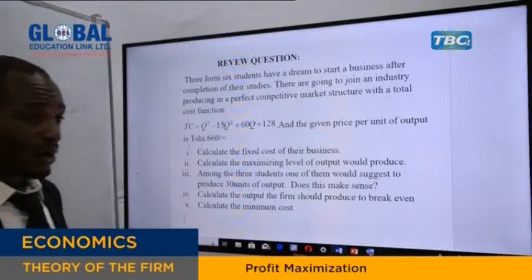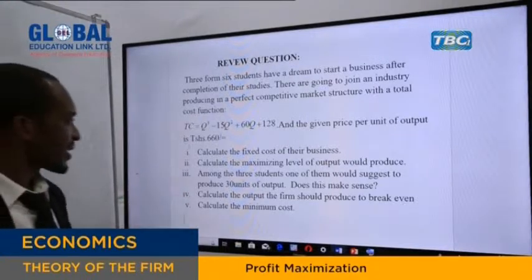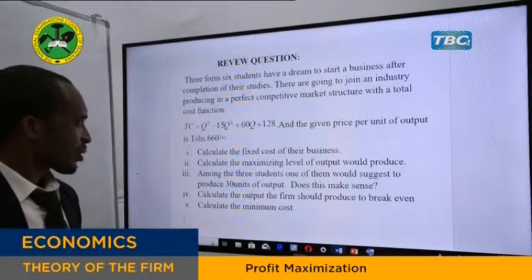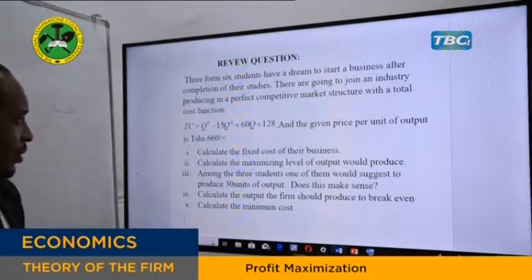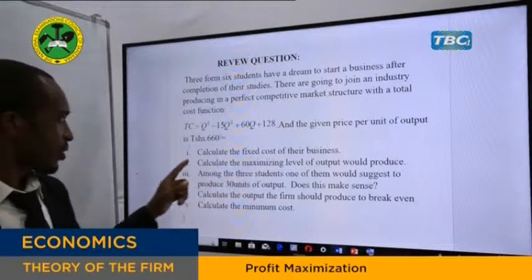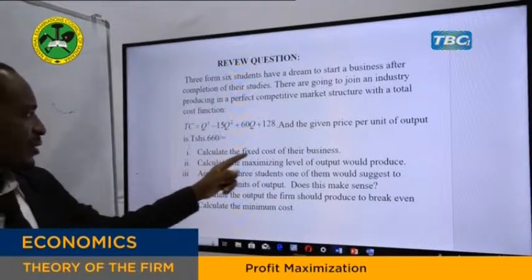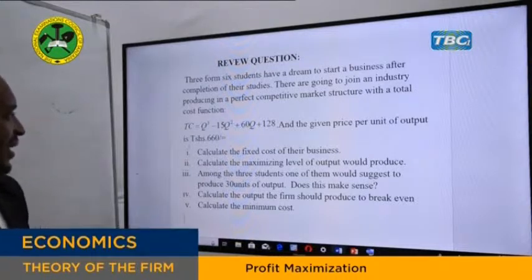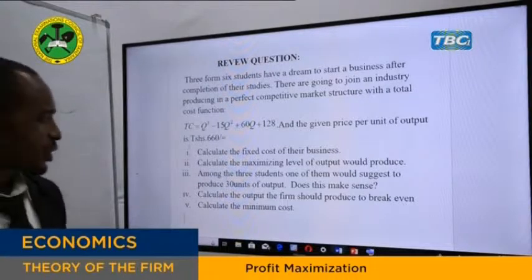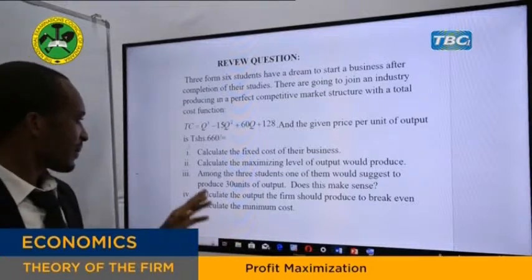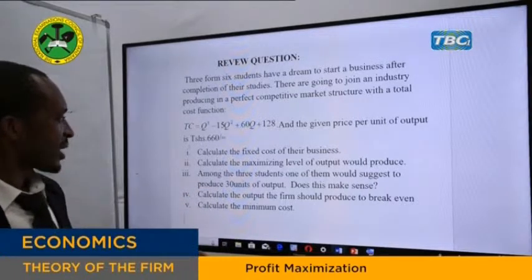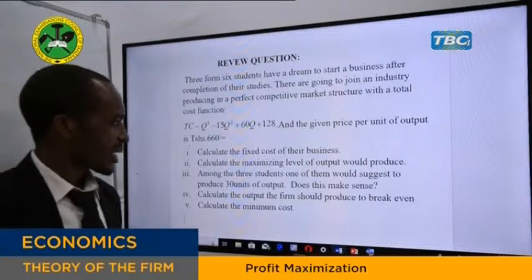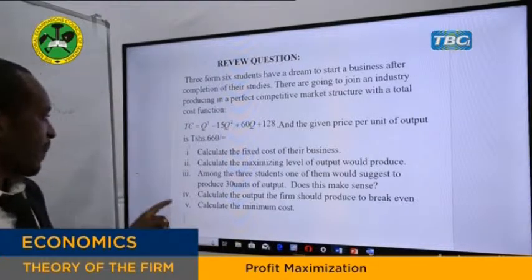Then for 128, Q is in power 0, so the 0 comes down, and 0 times 128 is 0.